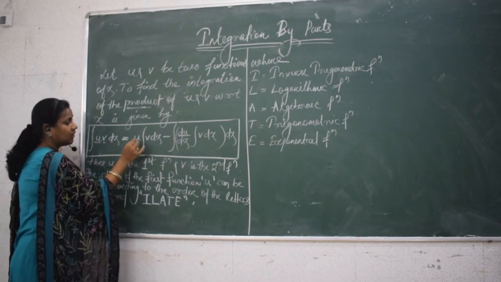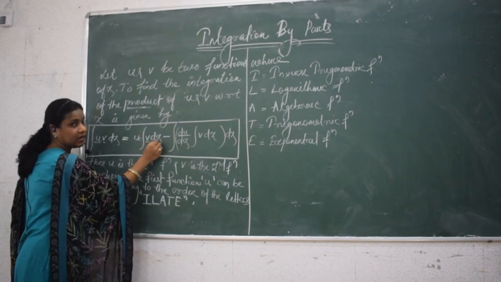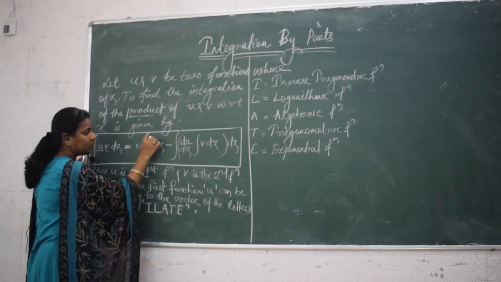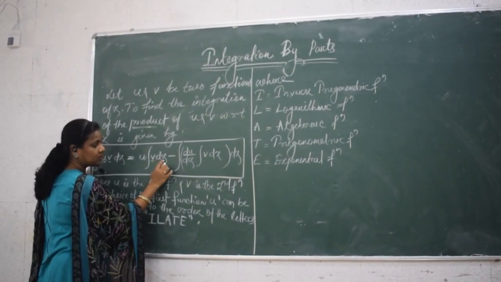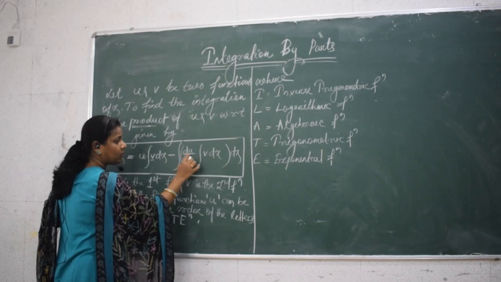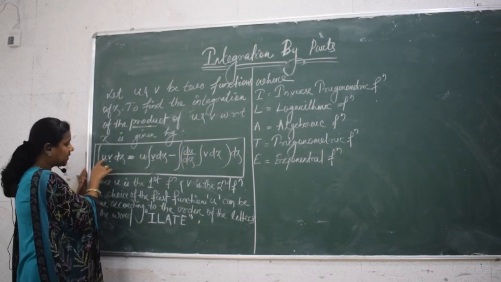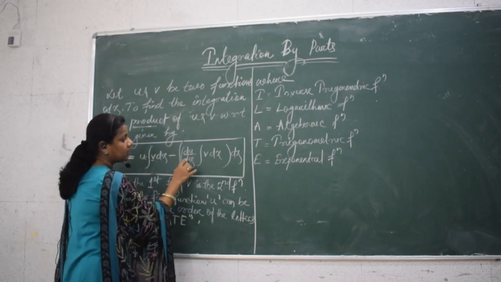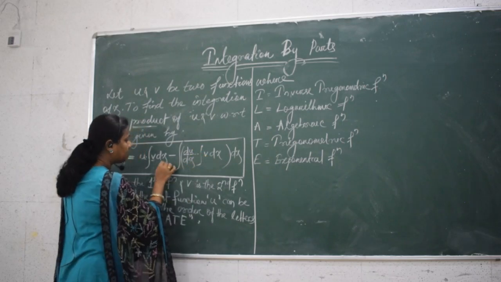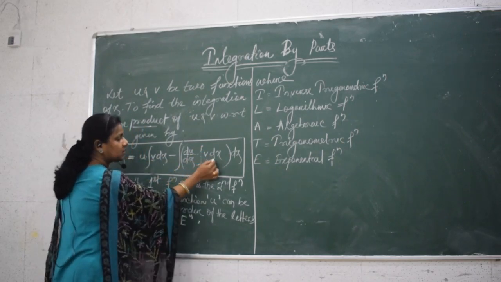This is the formula: first function u into the integration of the second function, v being the second function, with respect to x, minus the integration of the following. You have to take the derivative of the first function, u, with respect to x, and multiply it by the integration of the second function.